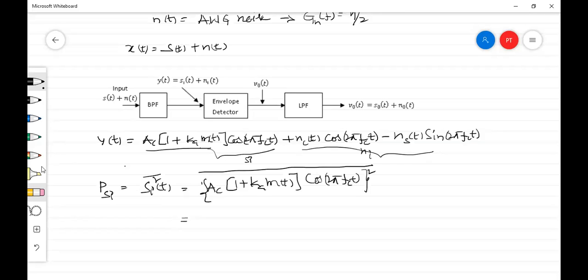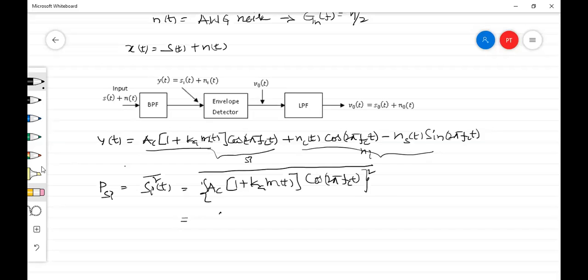What about the power of Ac cos 2 pi fc? Ac square by 2. Similarly, what about the power of Ac Ka into m of t cos 2 pi fct? Ac square Ka square divided by 2 and the power of m of t, isn't it?